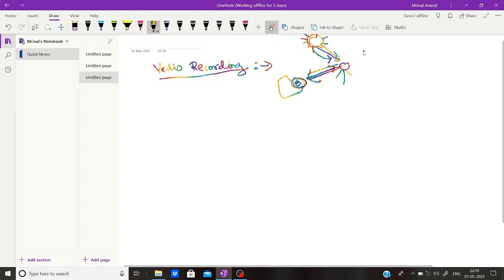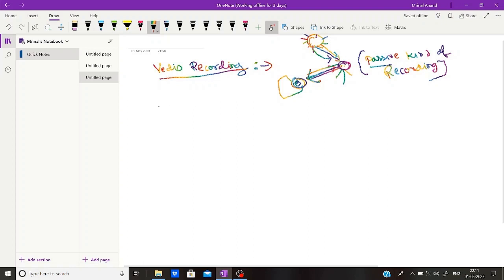So if this process is happening, then it is a passive kind of recording. Why am I saying this passive word? Because this camera needs the presence of the sun to illuminate this person in order to get that video recording.